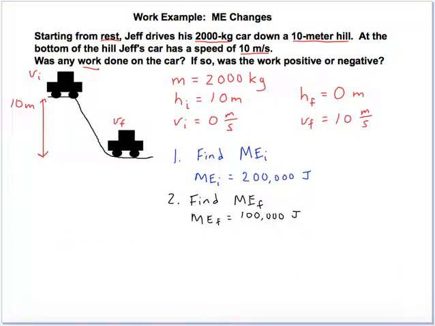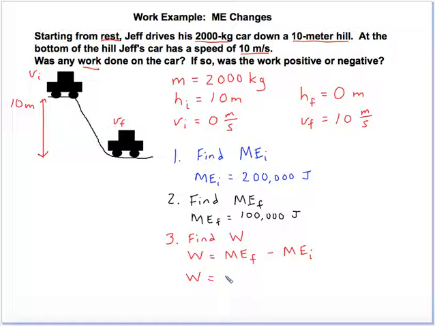Alright, and now the third step is to find the work. And the work is the change in mechanical energy. So it's the final mechanical energy minus the initial mechanical energy. So now we can just plug in the numbers that we got.